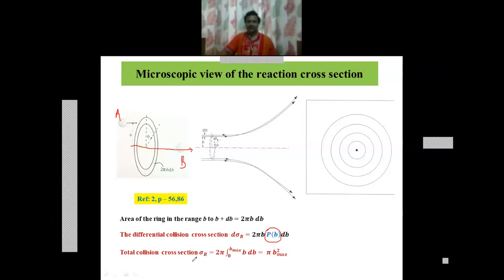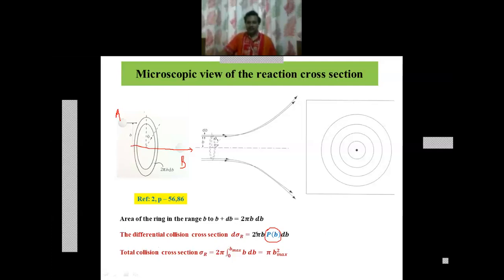Now if I want the total cross section, I should integrate dσr from 0 to b max, whatever the b max value at which reaction takes place. That is called the total cross section or the integral cross section, σr, which is the integral of dσr.